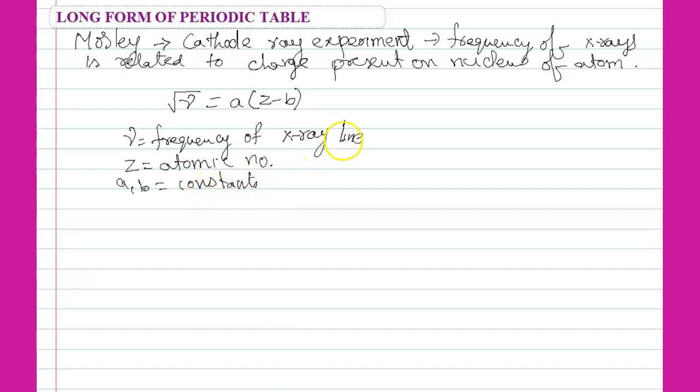In a plot between square root of nu and Z, we take square root of nu on the y-axis and atomic number on the x-axis, then we can get a straight line.